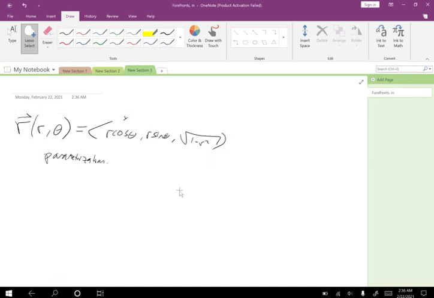Okay, so let's compute the partial derivatives, because remember, dA will be that cross product thing. It'll be r cross d theta dr.